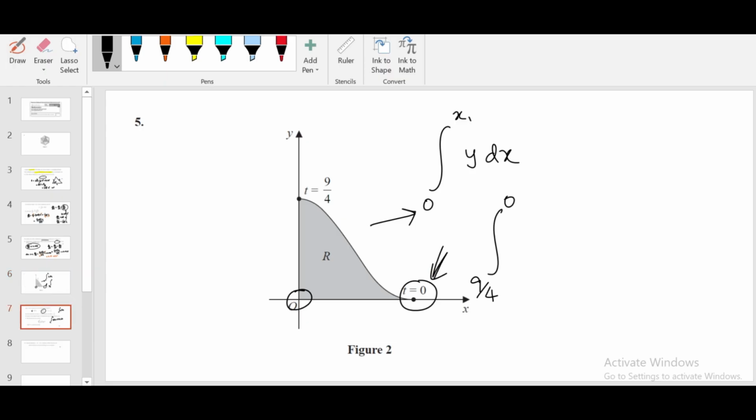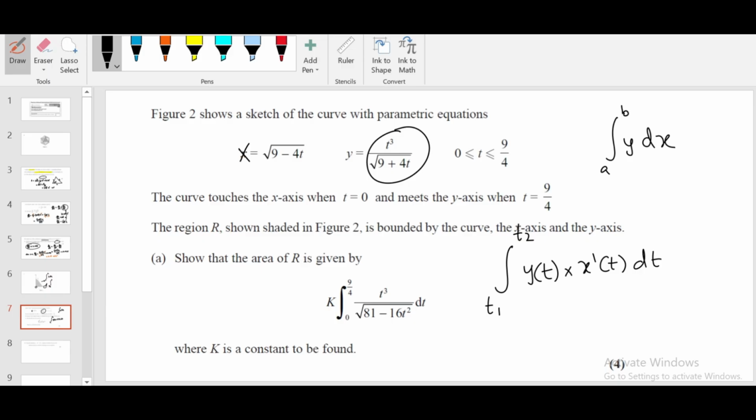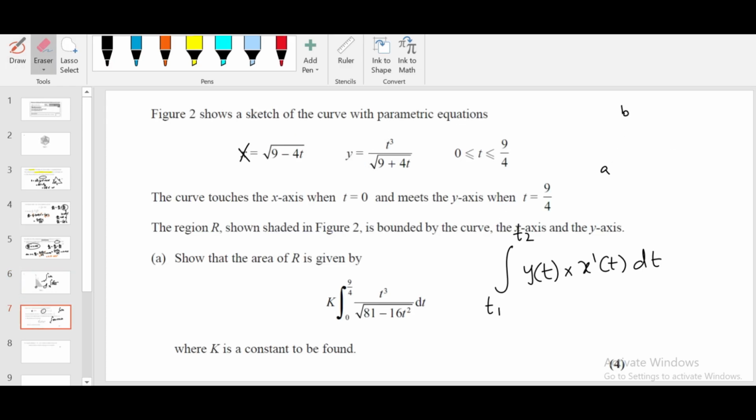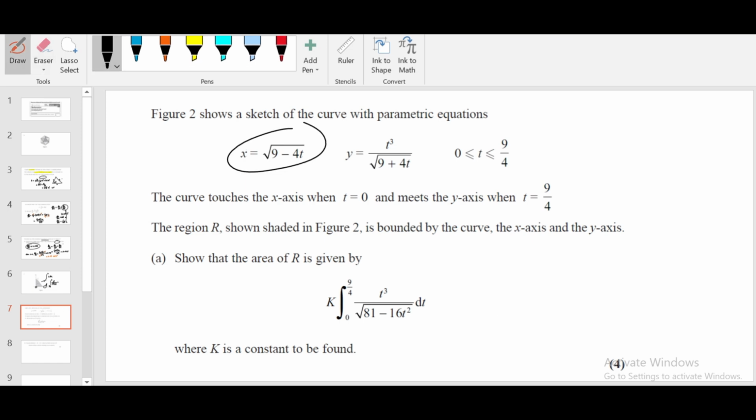So it's going to be 9/4 to this t value, 0. Y is the y of t: t cube over square root of 9 plus 4t, times dx. You need to differentiate x of t first. So dx by dt, you need to apply the chain rule to differentiate it. Take the square root of x here.